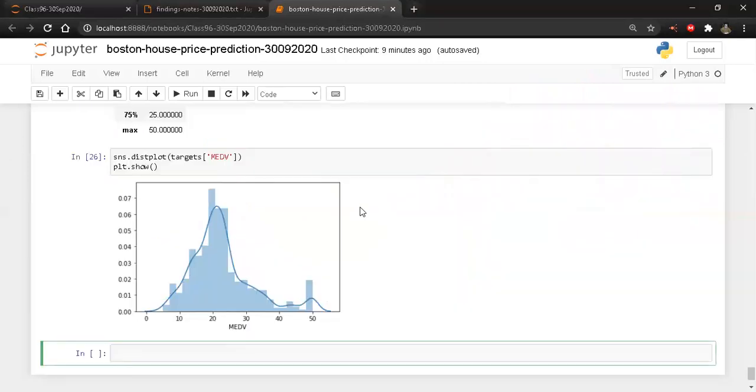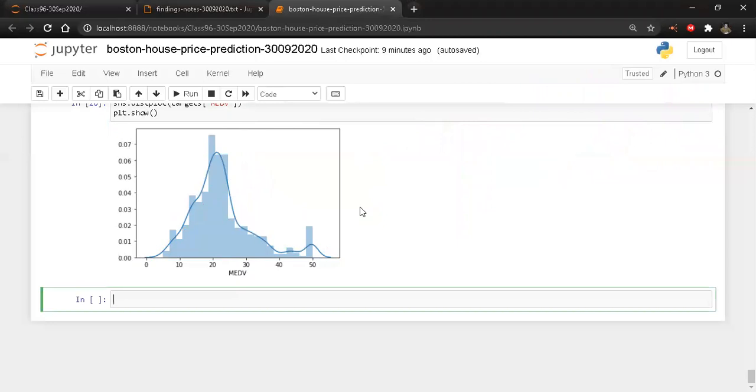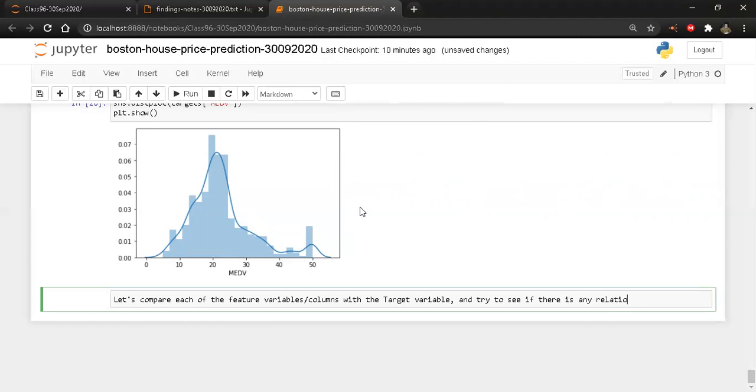Now let's compare each of the feature variables, or columns, with the target variable, and try to see if there is any relationship or correlation.